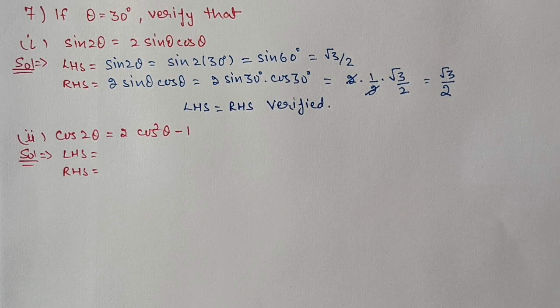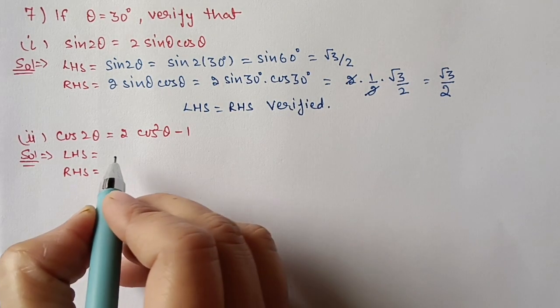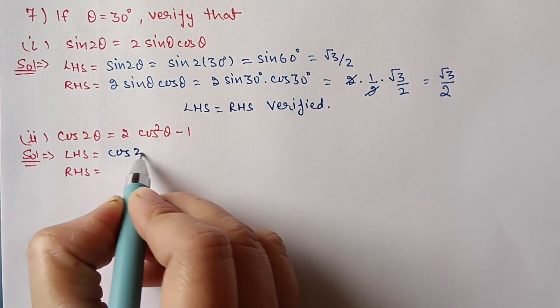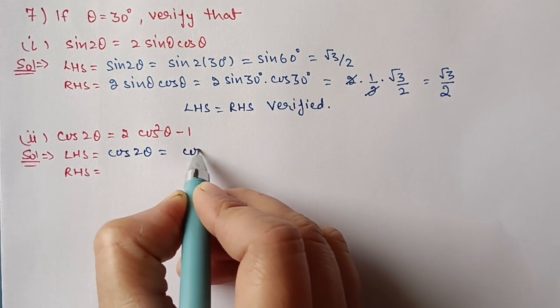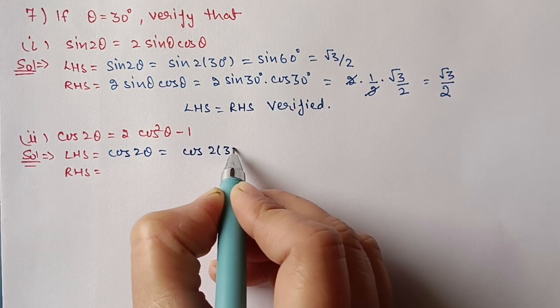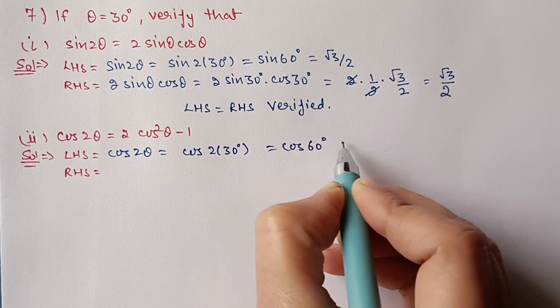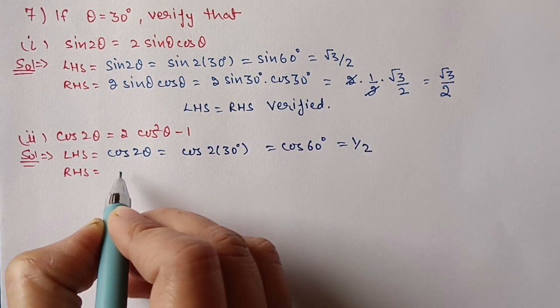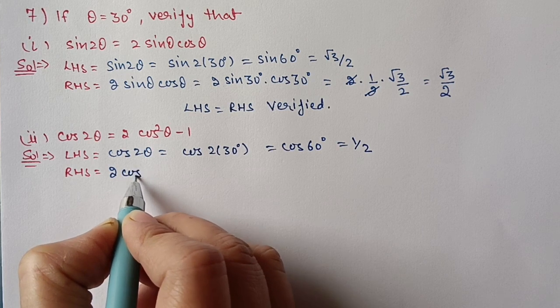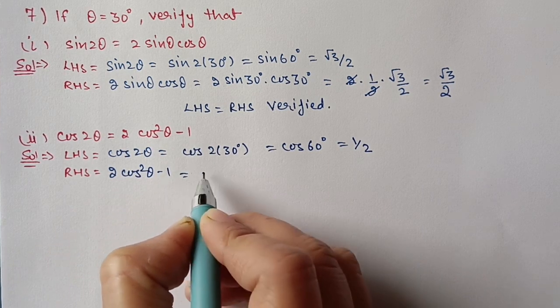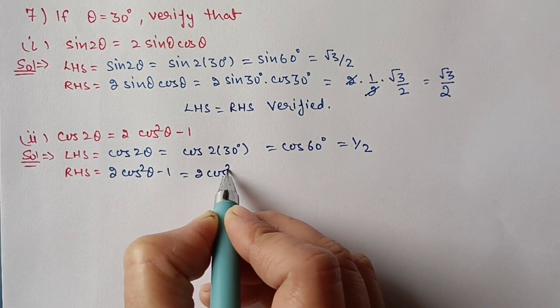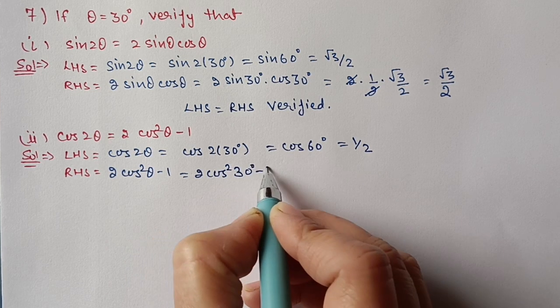Second part, cos 2 theta is equal to 2 cos square theta minus 1. We have to prove it. So first on the left side we will take cos 2 theta. Cos 2 into 30 means cos 60 degree, and cos 60 degree value is 1 by 2. Now the right side, 2 cos square theta minus 1, 2 cos square 30 minus 1.